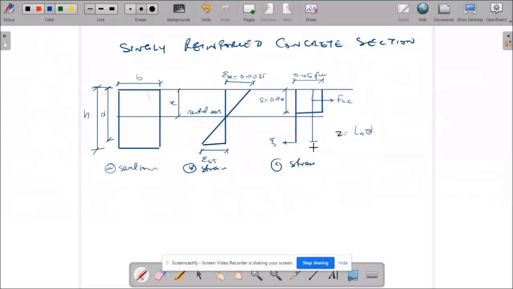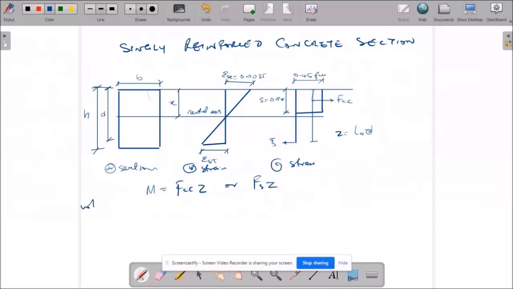Since these two act as a couple, one acting this way and the other in the opposite direction, the moment M can be calculated from FCC multiplied by lever arm Z, or FS multiplied by its own lever arm, which is Z.